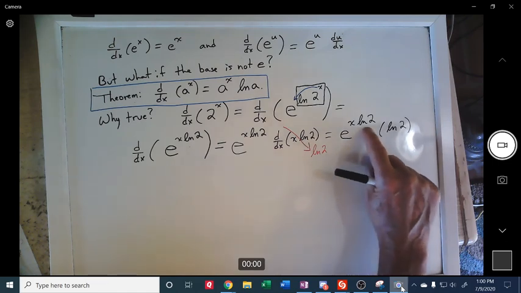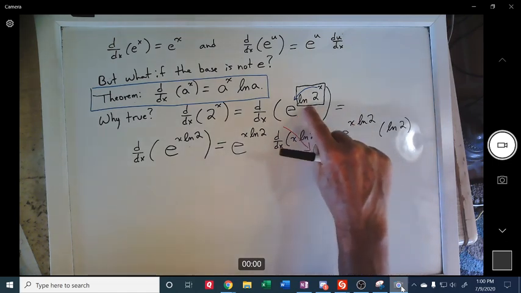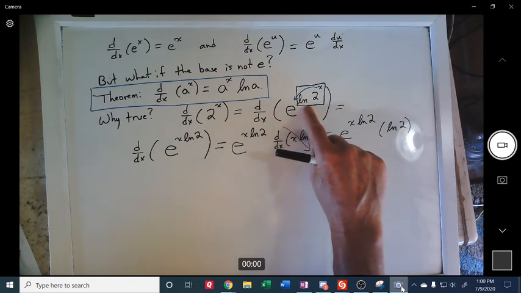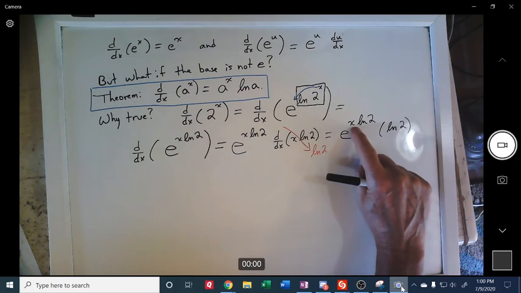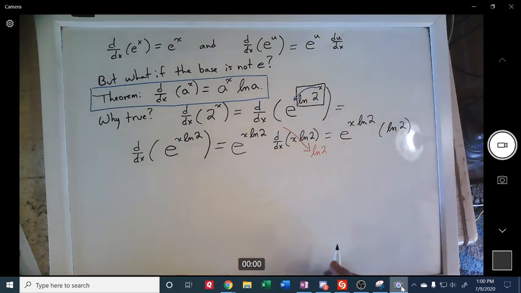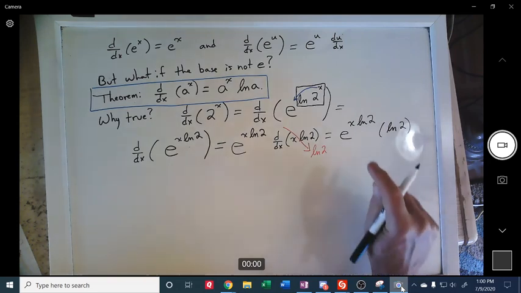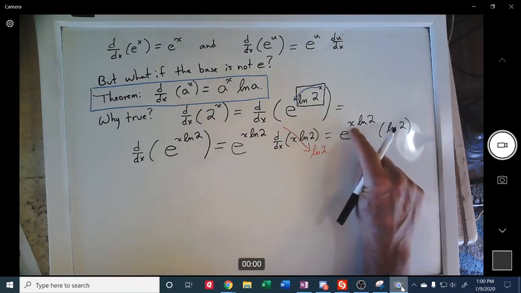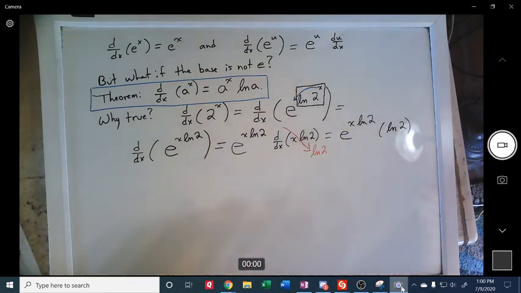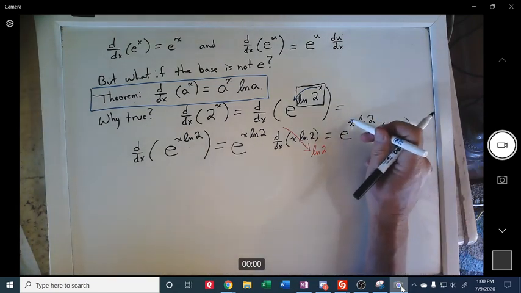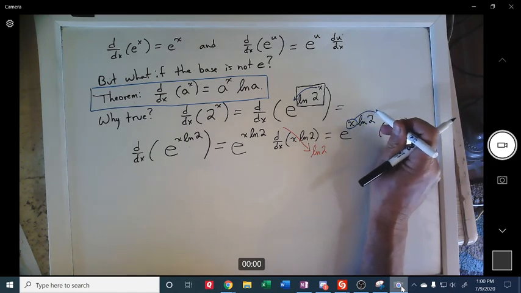If the e and the ln were right next to each other, they cancel each other out. But only if they're right next to each other. Because this x is in between the e and the ln, they don't cancel each other out. So is there any way to move that x so it's not in between them? Yes, do the same rule as you did. That's right.